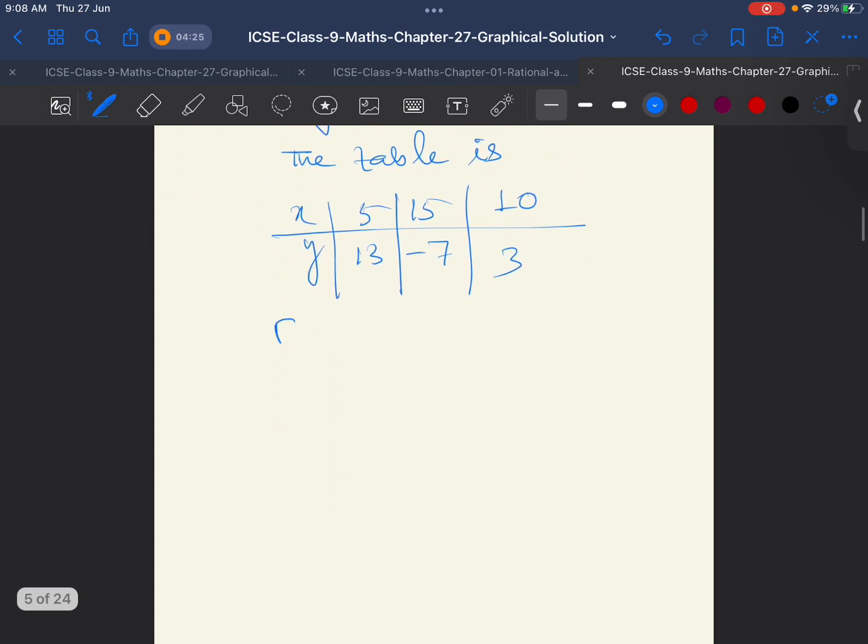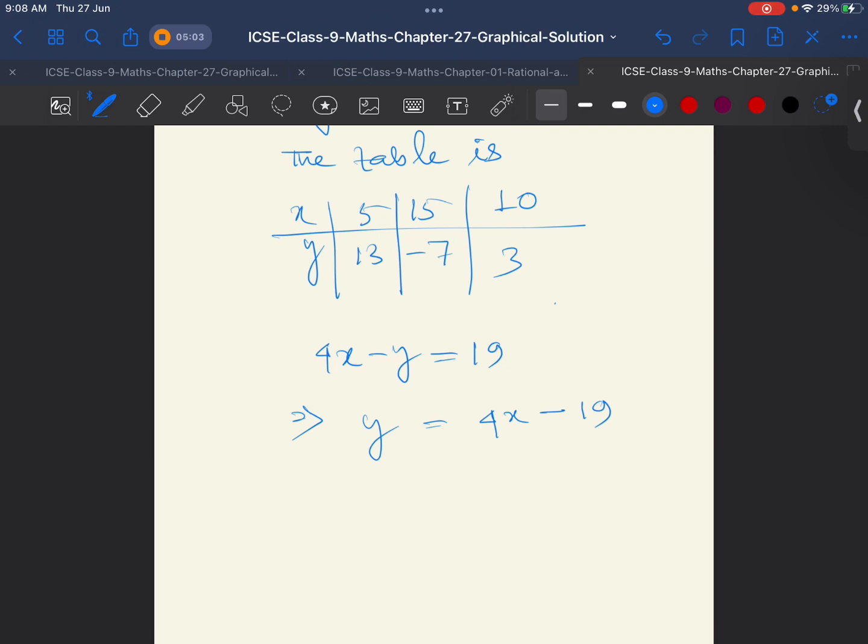Now for equation 2, the second equation is 4x minus y equals 19. This implies y equals 4x minus 19. We are shifting 19 to the left hand side and y to the right hand side.